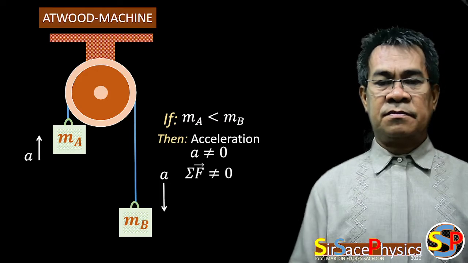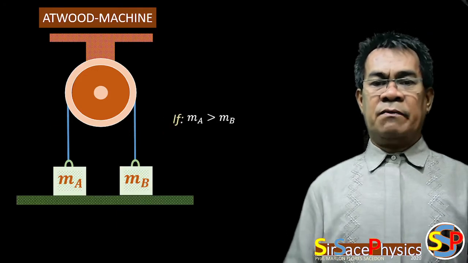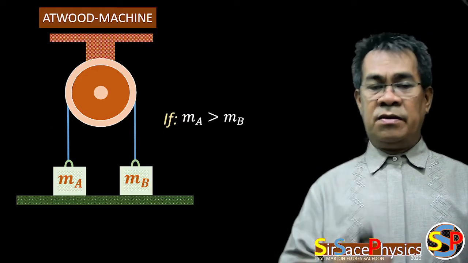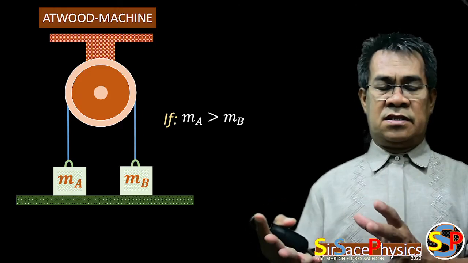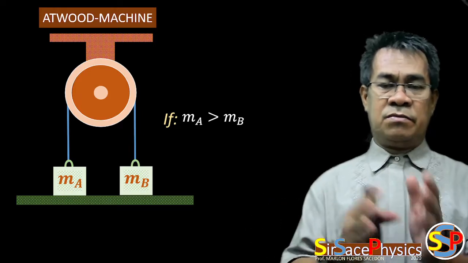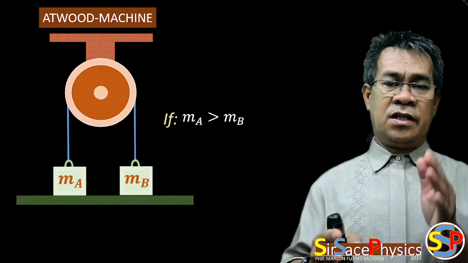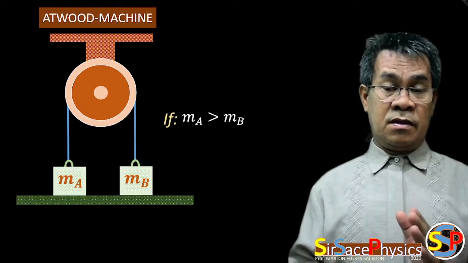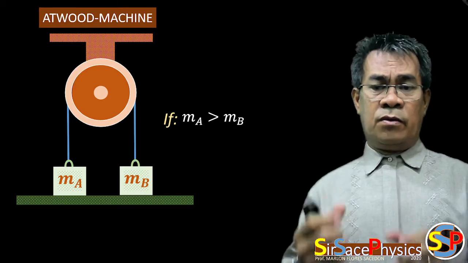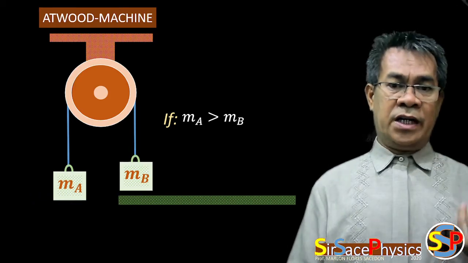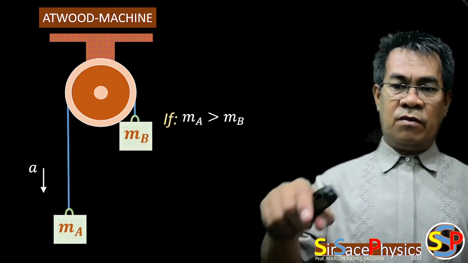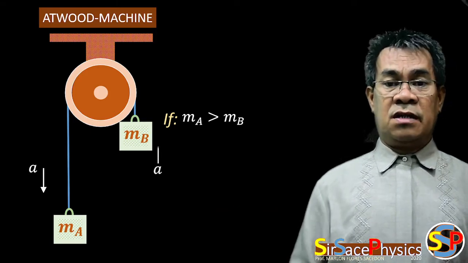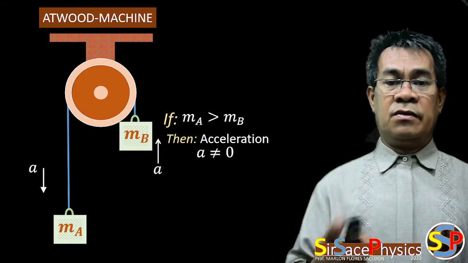Right? Okay? Now, what will happen if we have mass A greater than B? Mass A has a greater amount of mass compared to B. So surely mass A will move downward and mass B upward. Mass B will be pulled by mass A. So if we release it, then again mass A will move downward with acceleration and mass B will move upward with acceleration.